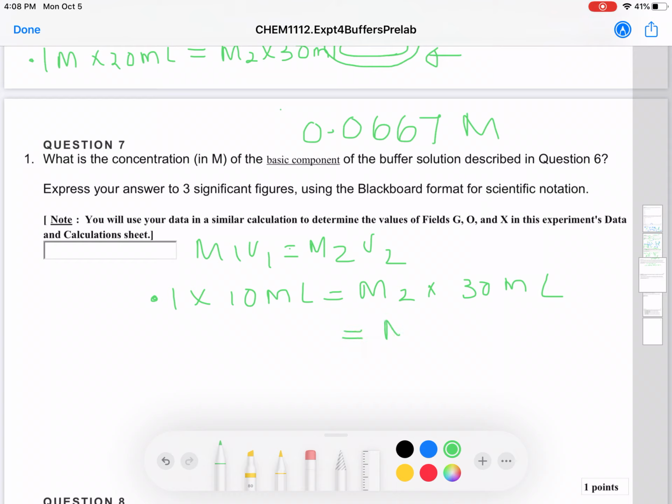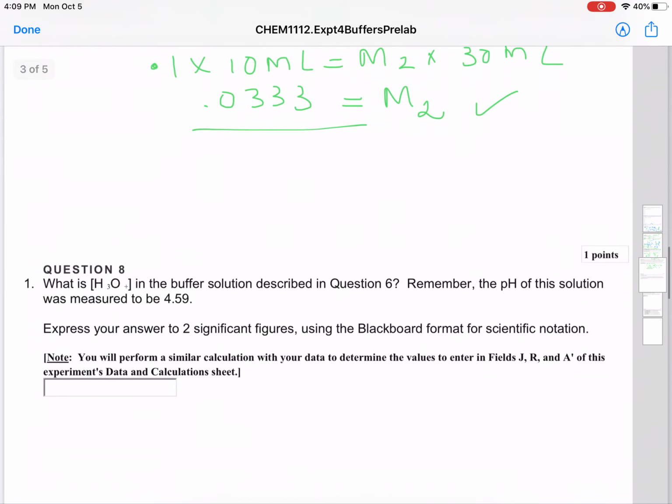This will give you M2, so 0.1 times 10 over 30, that would be 1 over 30. 1 over 30 will give you 0.0333. That would be the concentration of the base component. Again, check to see if these calculations are correct.